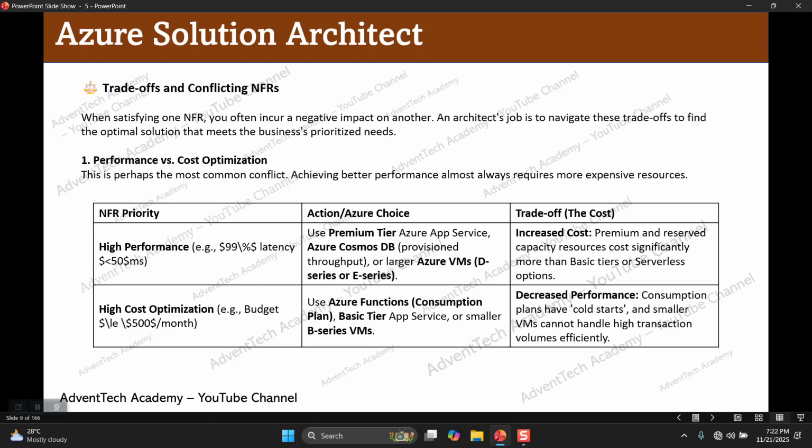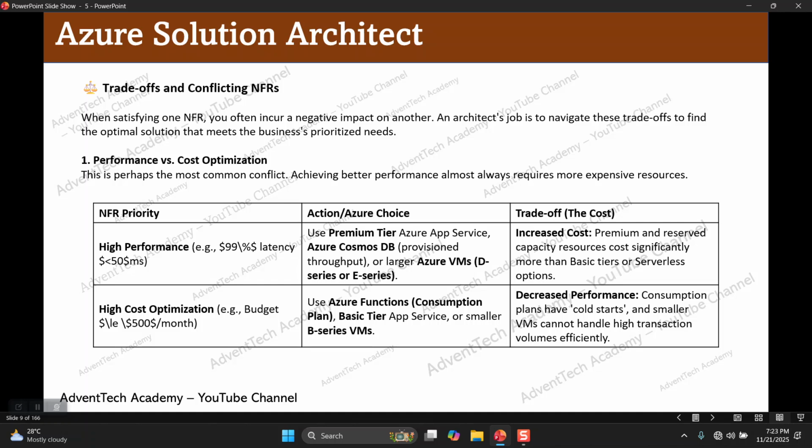We can use Azure Cosmos DB or large Azure VMs, high-end VMs. So it will provide high performance, like 99th percentile latency must be less than 50 milliseconds.